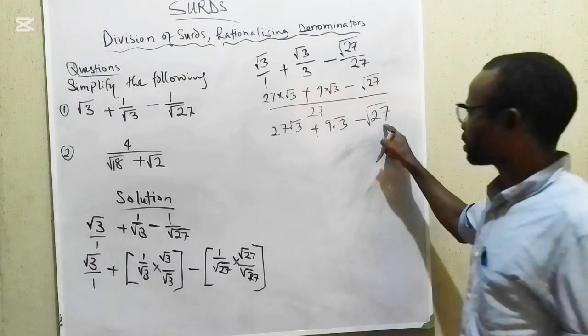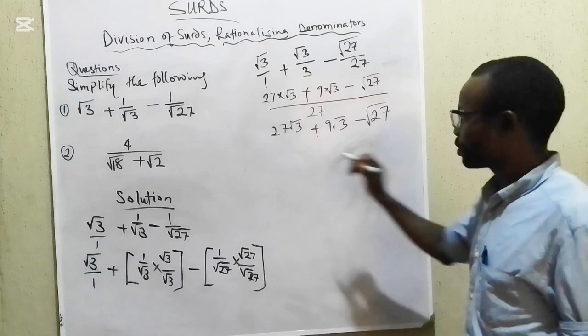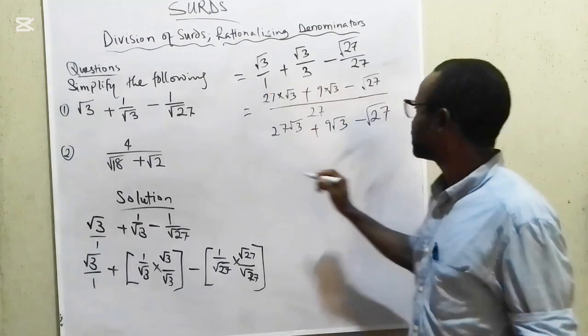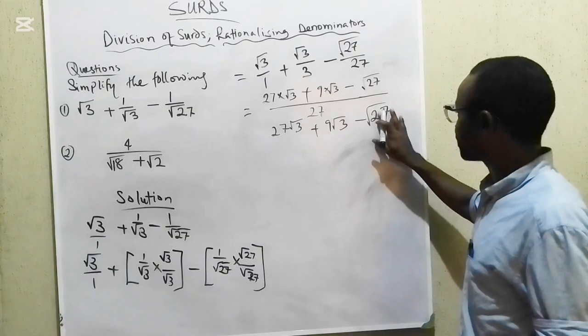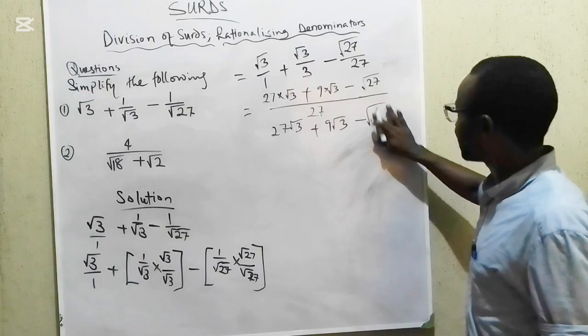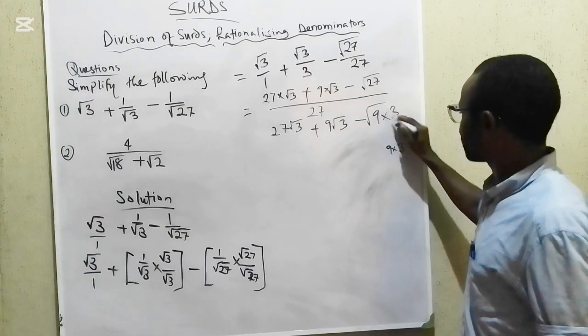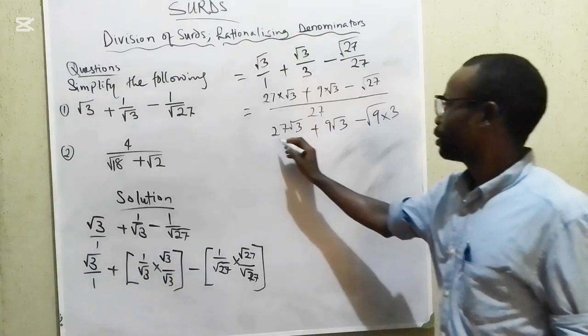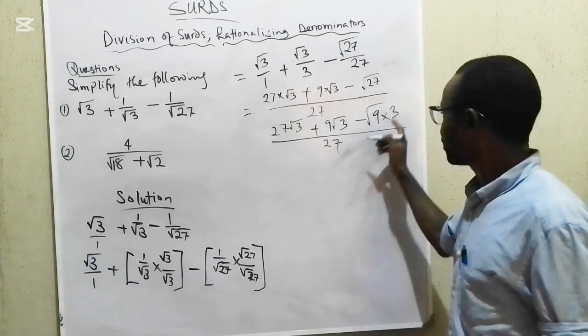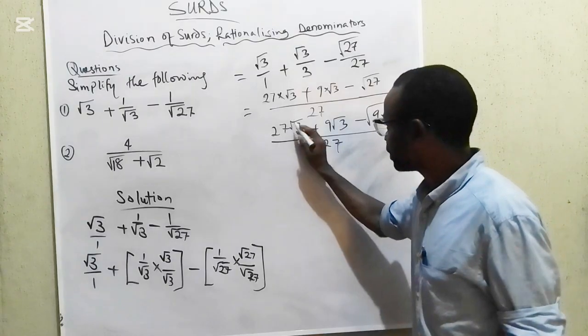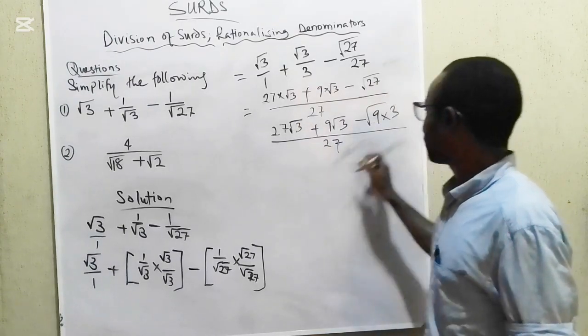But what is 27? 27 is the same thing as 9 times 3. So instead of leaving this as root 27, let's change it to root of 9 times 3, all over 27. So what is root of 9 times 3? Let's repeat this again.